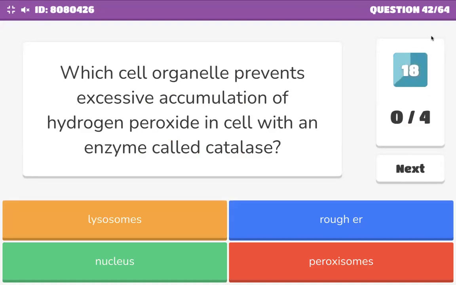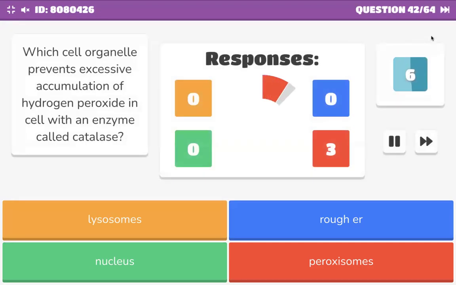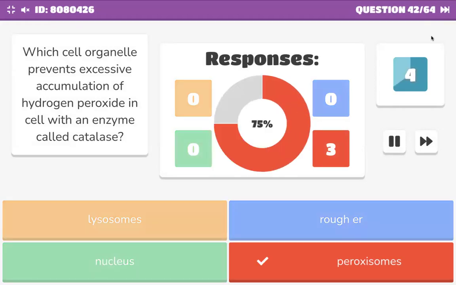Which cell organelle prevents excessive accumulation of hydrogen peroxide in the cell with an enzyme called catalase? Peroxisome.